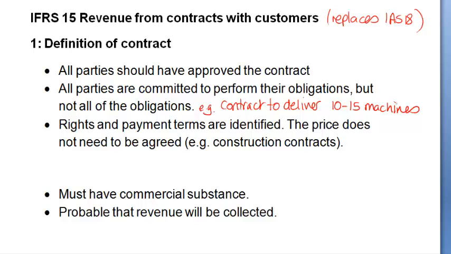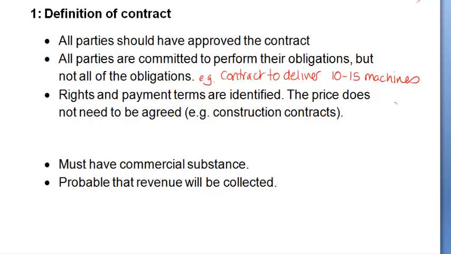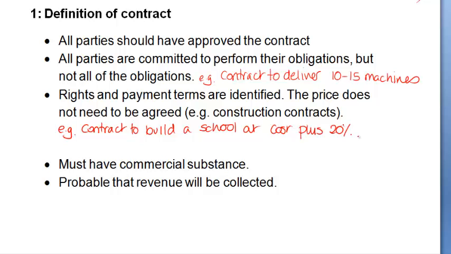The rights and the terms are agreed. This is not the same as agreeing a price. E.g., let's say that we've got a contract to build a school at cost plus 20%.